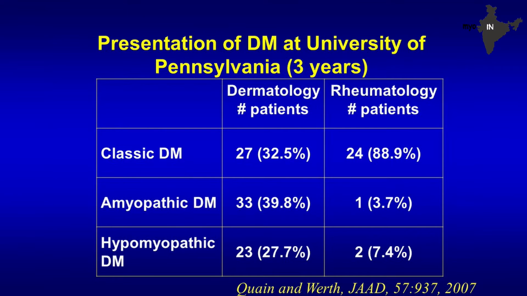We found that amyopathic DM is often presenting to dermatologists and other specialists, and it's really important to realize that in a rheumatologic population, these may not be diagnosed or may not even be presenting to rheumatologists. So if you see a patient with skin-predominant features that we've already looked at, you need to really think about the possibility of clinically amyopathic dermatomyositis.